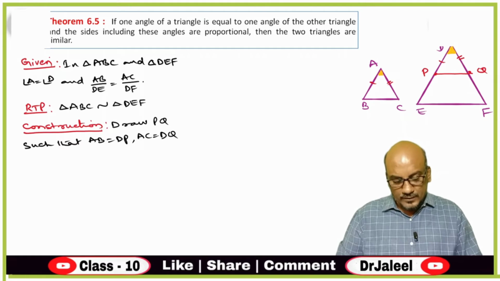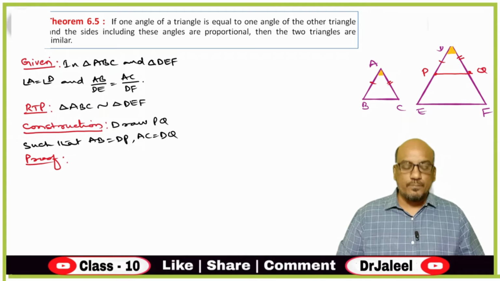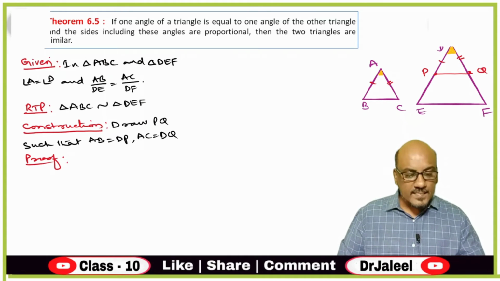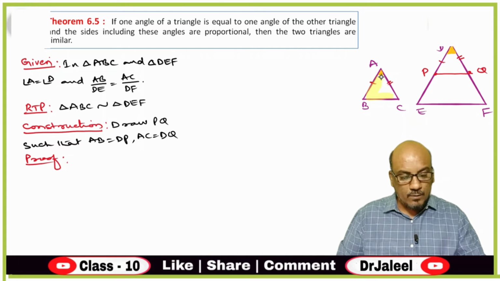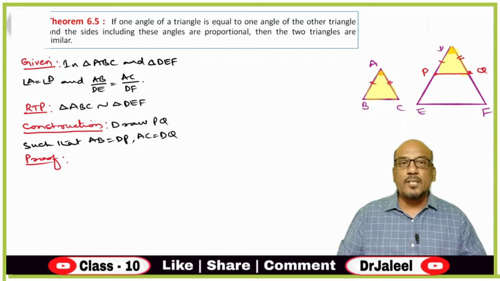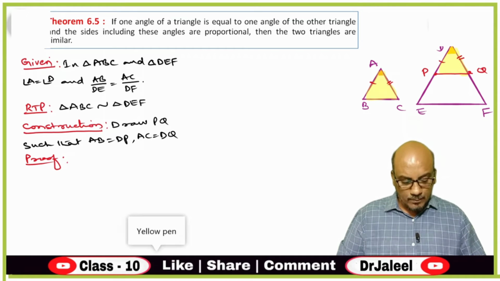Now we shall go for the most important part of the theorem, that is proof. In this proof, children, first we will take these two triangles which I am shading now, triangle ABC and triangle DPQ. What do you say about these two triangles?